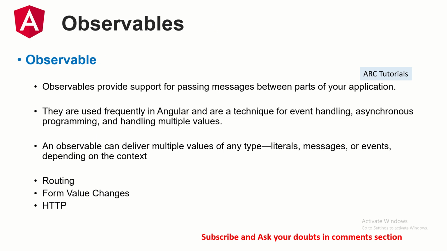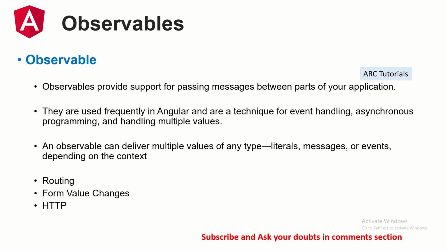Alright, so first the technical part. What are observables? Observables are a sequence of data that gets emitted from time to time or over a period of time. It means that an observable will keep producing values. Observables provide support for passing messages between different parts of our application. Angular uses observables very heavily under the hood.